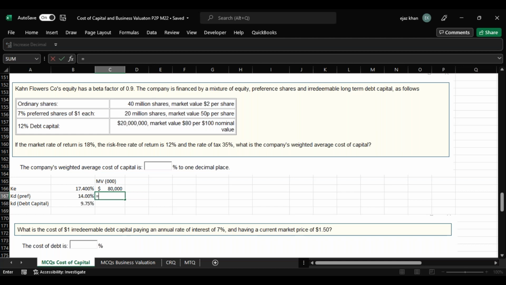Then we have preference shares. We have 20 million preference shares, 20,000 into 0.5. Then we have 20 million divided by 100 multiplied by 80, 16,000, and the total will be 106,000.